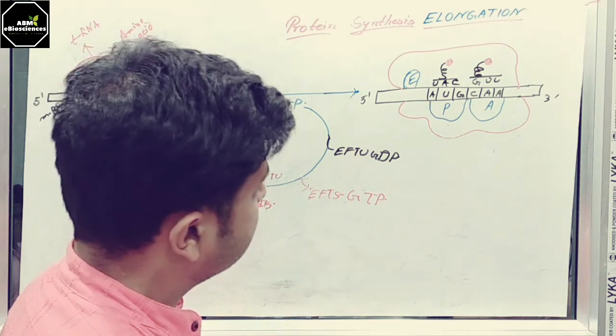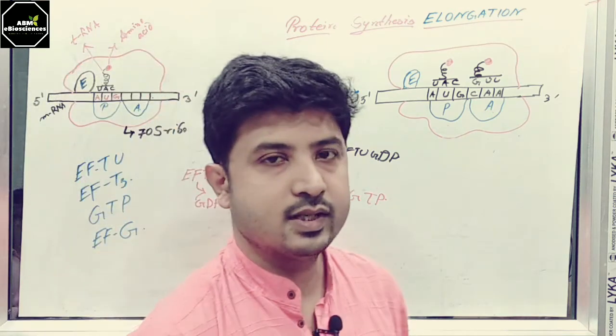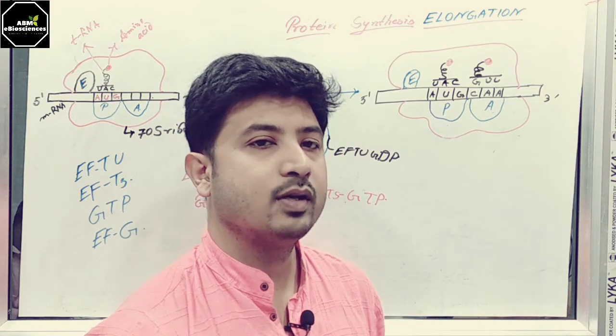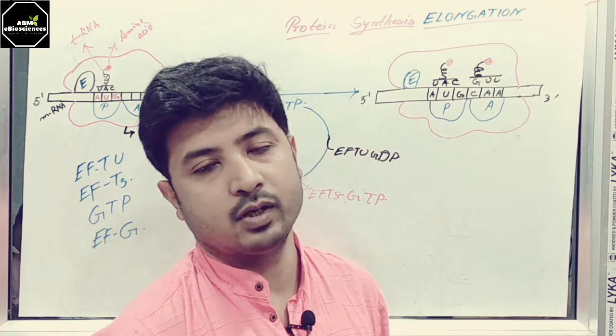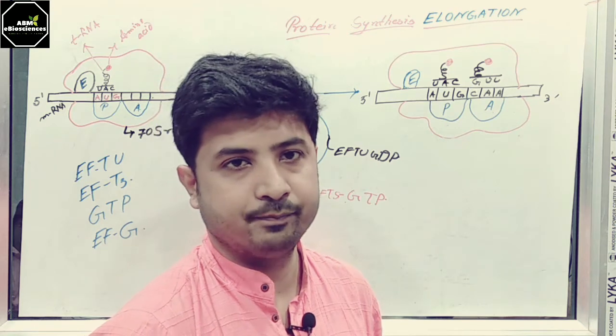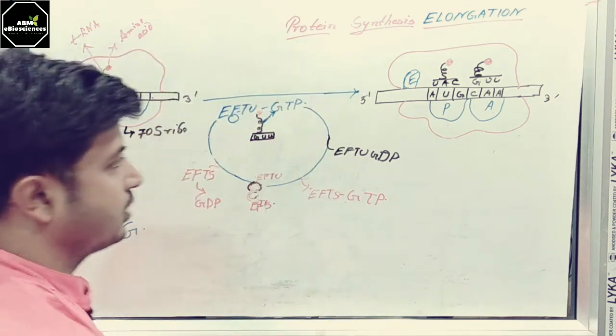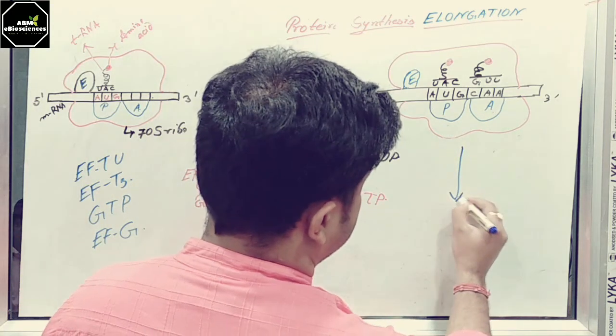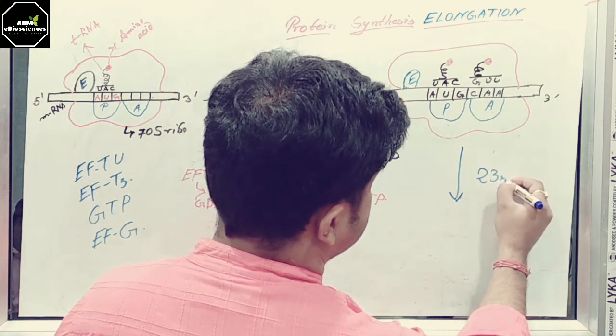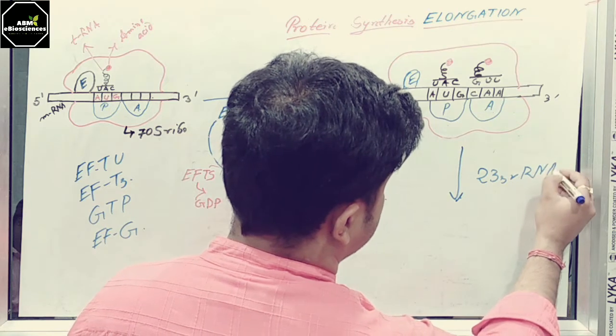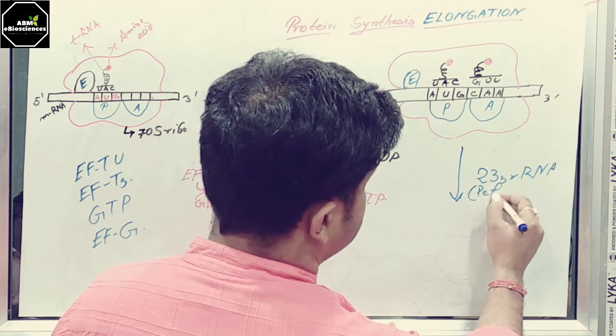This is a critical step where one amino acid is joined with the other amino acid present on the tRNA. This formation of the peptide bond is done by 23S rRNA, also known as peptidyl transferase.